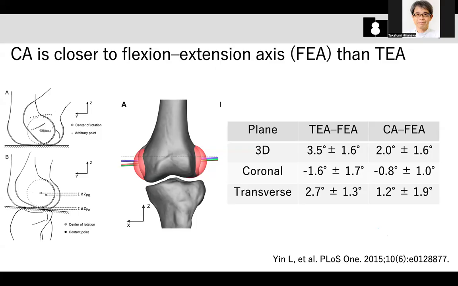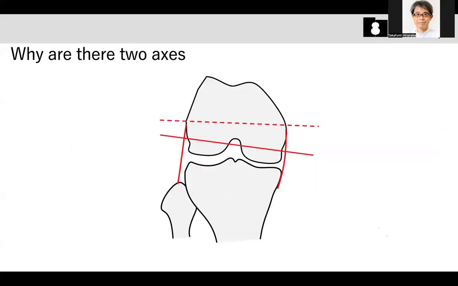So in terms of kinematics or morphology, the cylindrical axis follows the native one. But on the other hand, if we follow this cylindrical axis, the gap can be imbalanced. Okay, the following will be taught tomorrow. Okay?